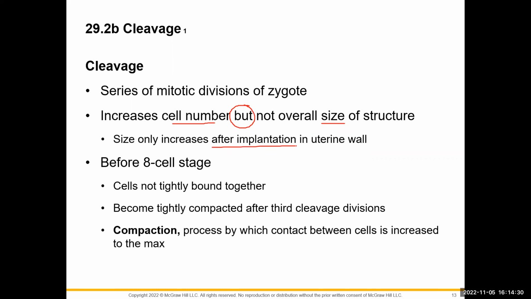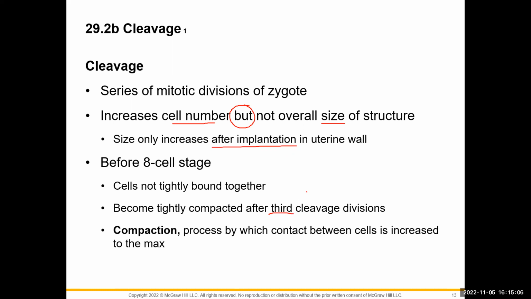Before we get to that 8-cell stage, the cells being produced are not tight together like you would see in epithelium, for example. They're loosely bound to one another. It's not until the third cleavage division, from 1 to 2 being the first, 2 to 4 the second, and 4 to 8 the third, that we have 8 cells loosely touching one another.